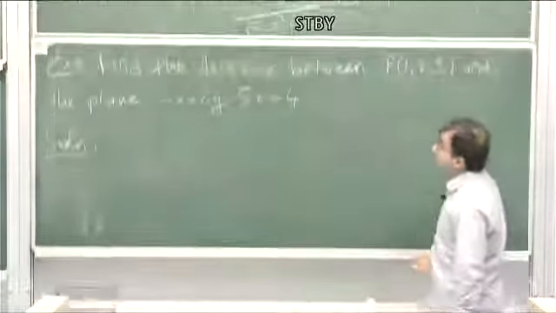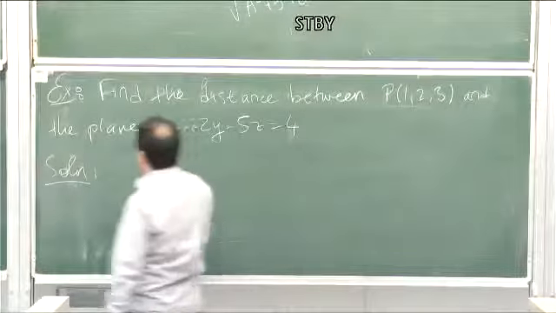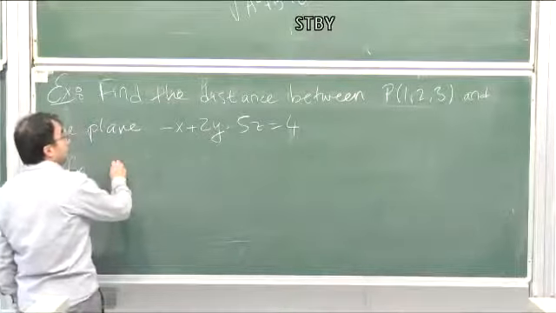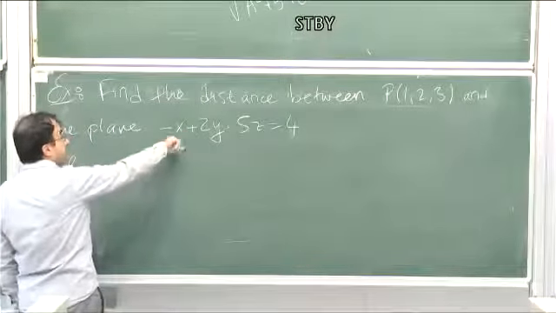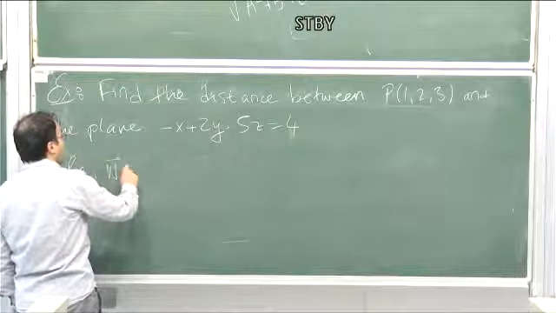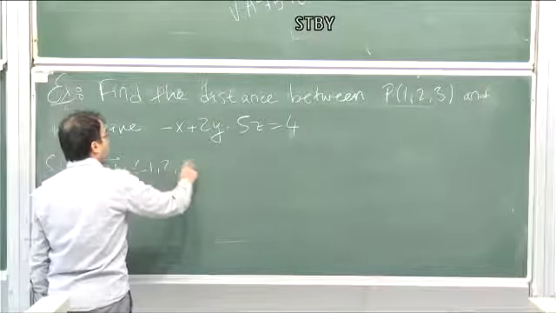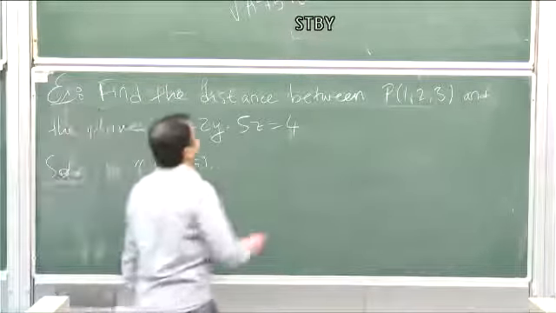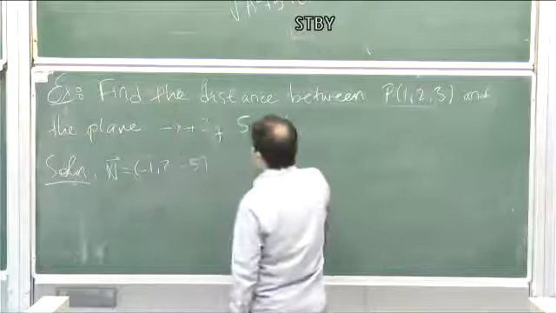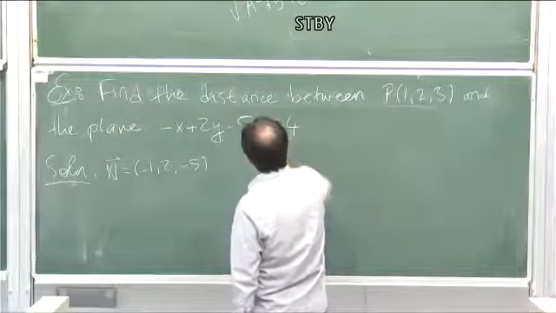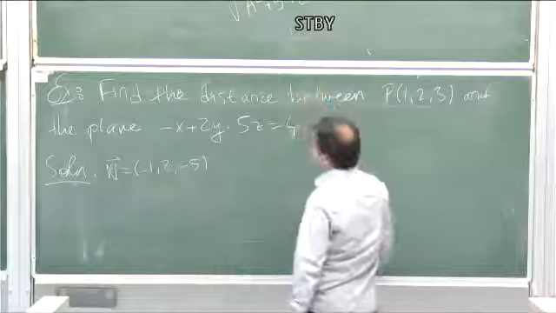Okay. So what is the normal vector here? The normal vector is (-1, 2, -5). Anyway, I'm going to write the distance as described in this formula.